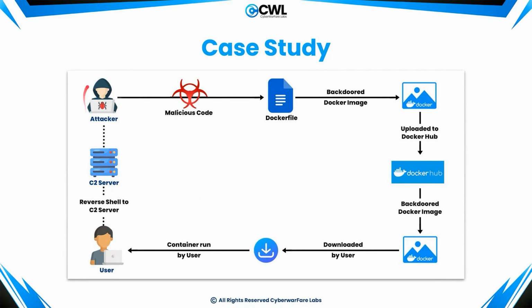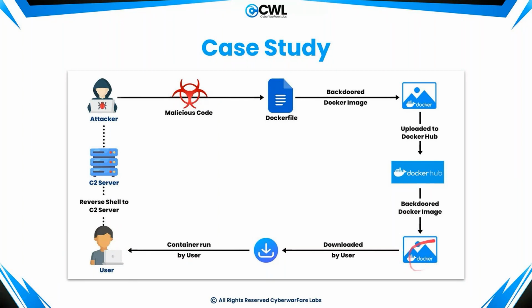So very easy. The attacker creates malicious code and adds it to a Dockerfile. The Dockerfile is compiled to a Docker image, which is later uploaded to Docker Hub. Then via some sort of phishing, or by gaining some trust, the attacker lures the end user or organization employee and tricks them into downloading the malicious Docker image.